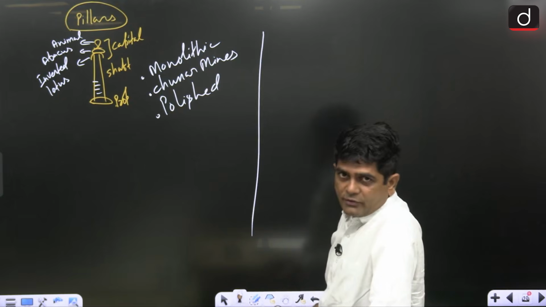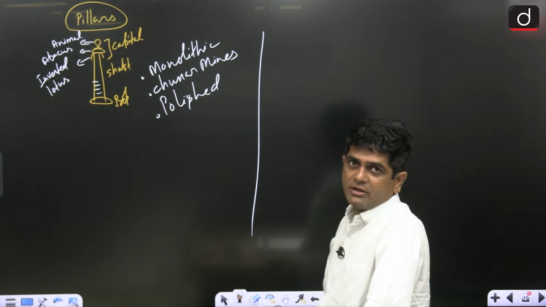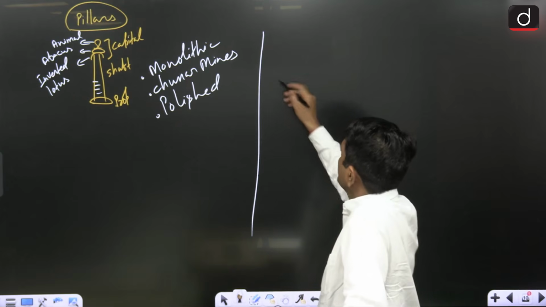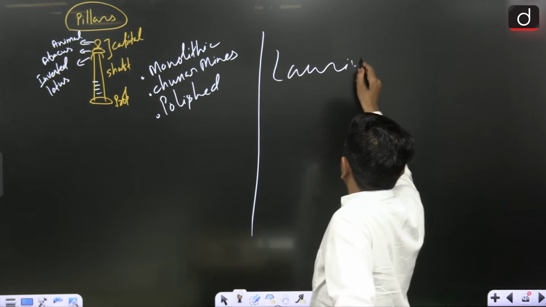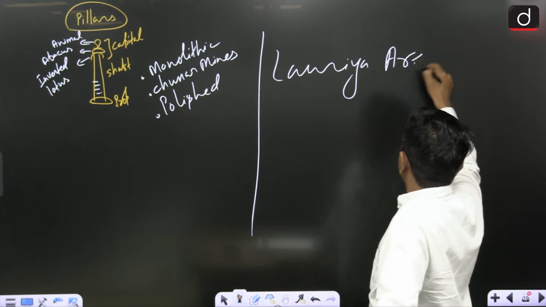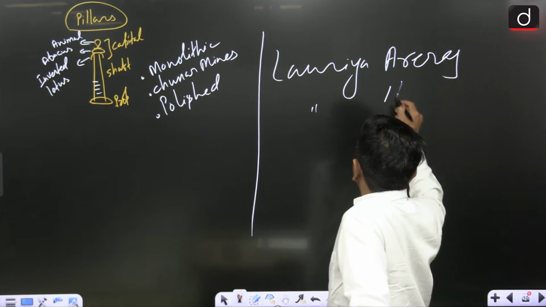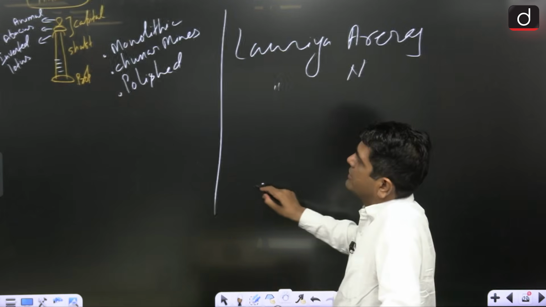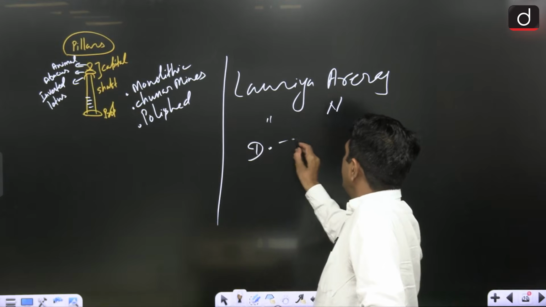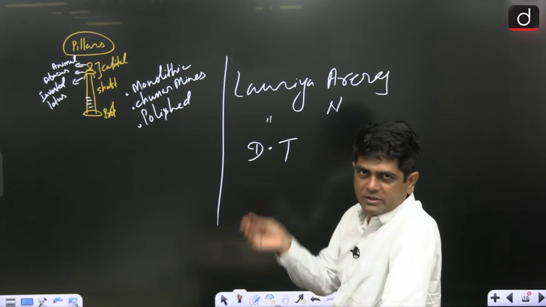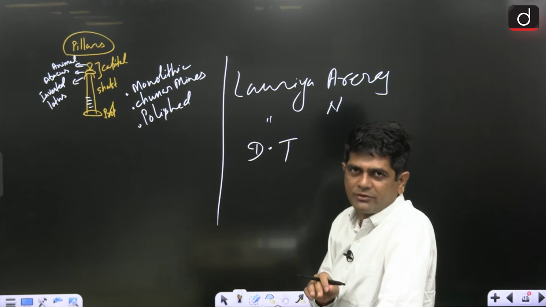The areas from where archaeologists, historians have discovered the Ashokan pillars are Lauria Areraj. Where is Lauria Areraj? North Bihar. Lauria Nandangarh. Where is Lauria Nandangarh? Once again, North Bihar. Then we have Delhi Topra. It was located in Topra, brought to Delhi by medieval Indian ruler Firoz Shah Tughlaq.